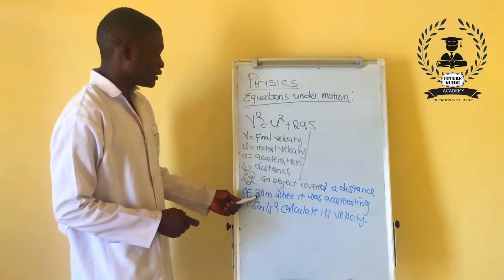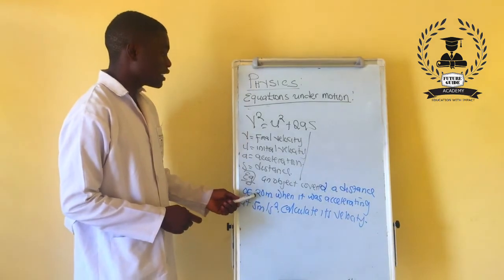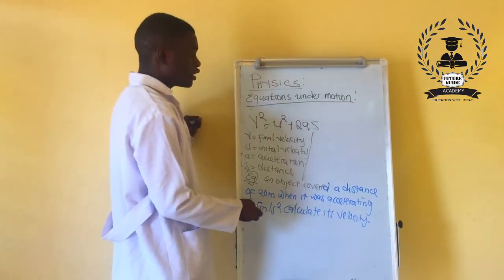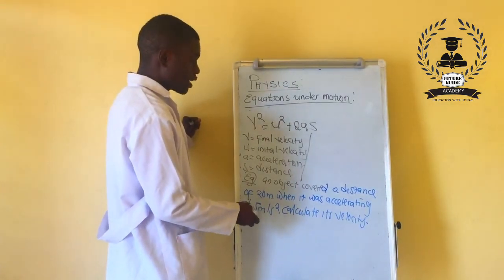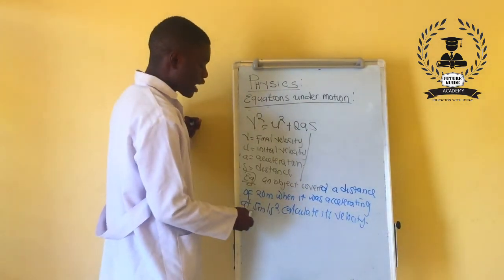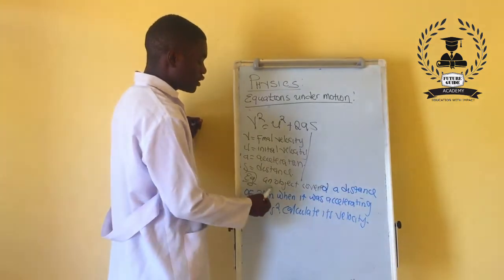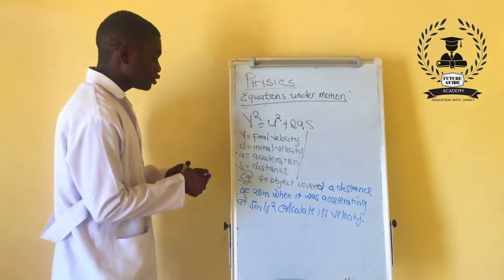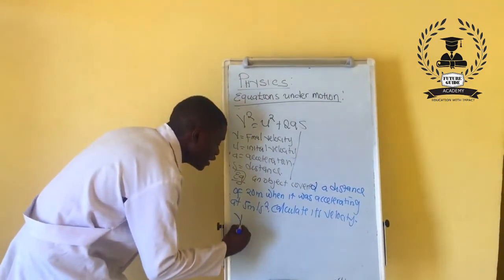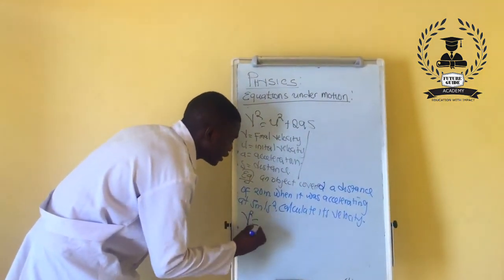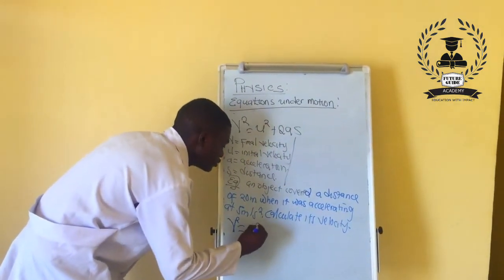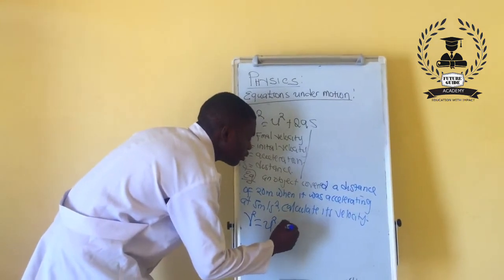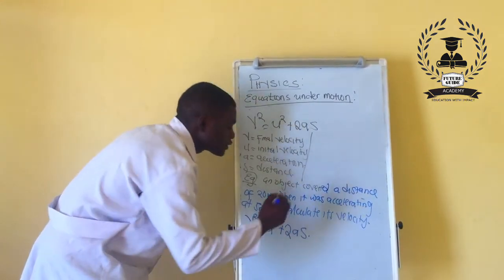Now, here we've been told this body covered a distance of 20 meters, and it was accelerating at 5. So we'll say v squared is equal to u squared plus 2as.